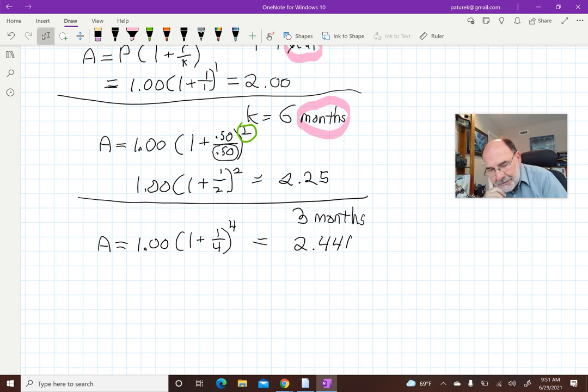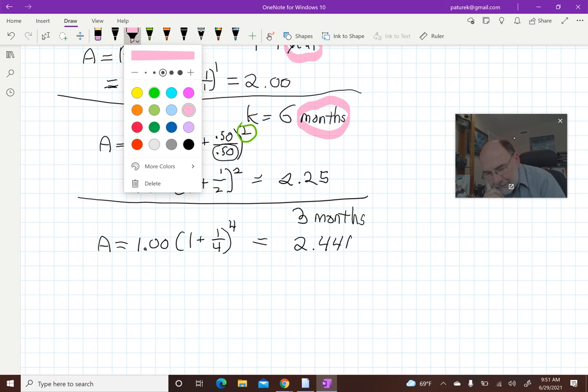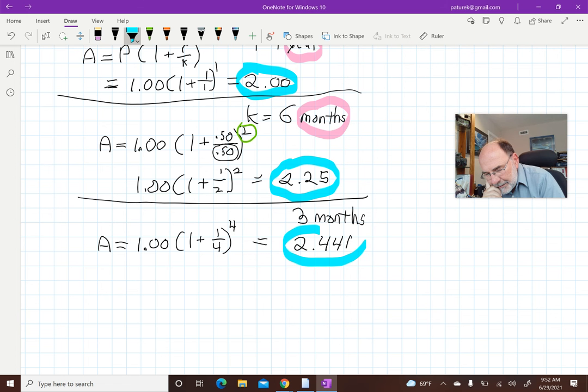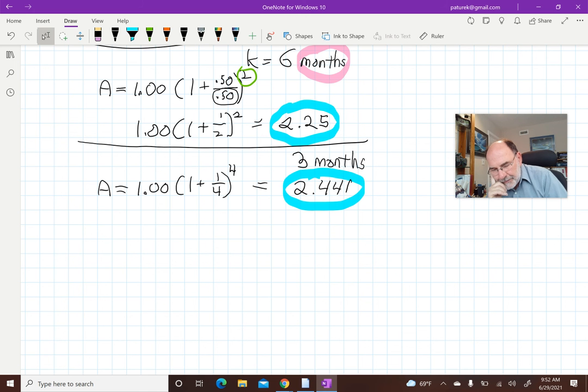And there's a progression here. So let's look at these numbers for a moment. The first time around, it was 2.00. The next time, 2.25. The next time, 2.441. And where we are going with this is a geometrical progression.